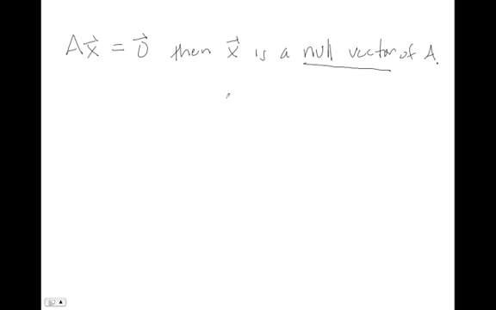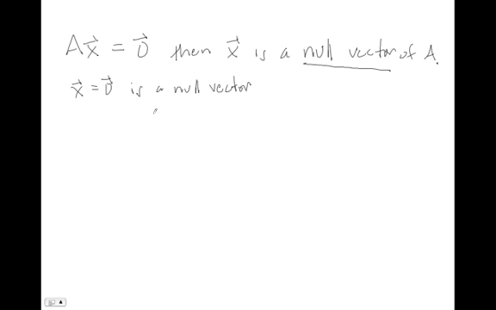It's a vector that I multiply by A and it gives me the 0 vector. It's totally obvious and trivial that the 0 vector itself is a null vector, and it's so trivial that it's completely uninteresting, so we don't even count it. Of course, if x is 0 and I multiply A by 0, I get 0. That's always going to be true, so it's so silly and trivial that we don't really count it.